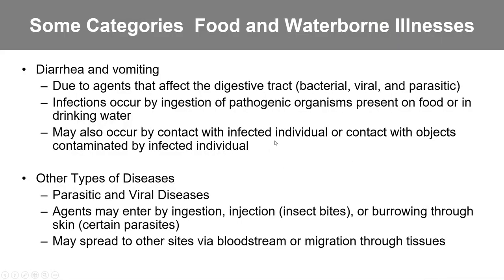Gastrointestinal being the primary illness reported, both food and waterborne, but there can also be more systemic neurologic effects as well, but certainly the gastrointestinal system in general.